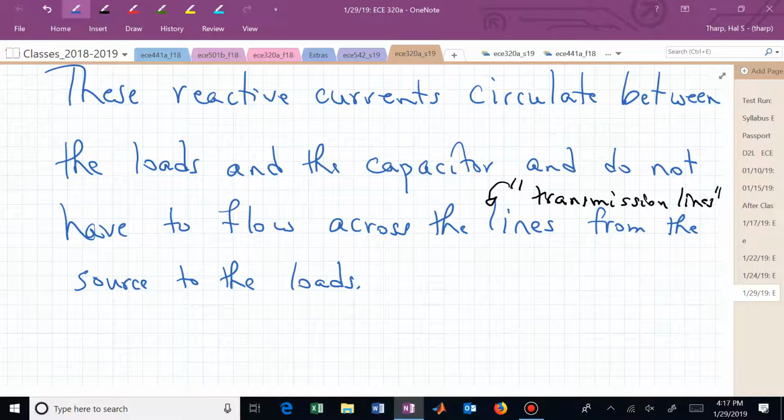But it's a good thing, because you've now inserted this capacitor to help you circulate these reactive currents to minimize that reactive component at the loads and get our power factor closer to 1. In this case, it was equal to 1.